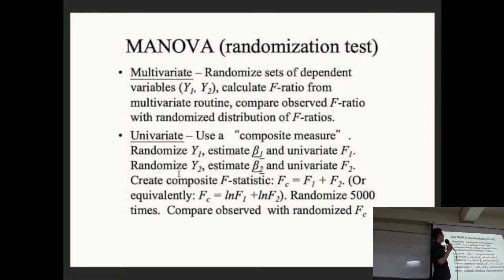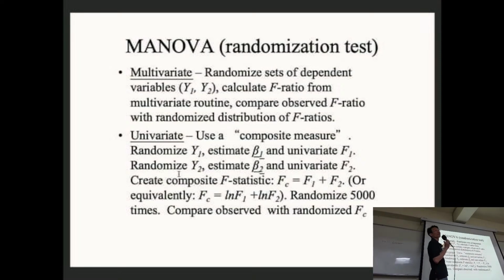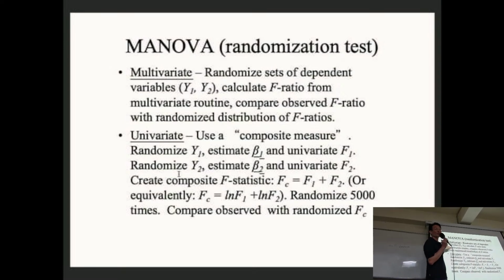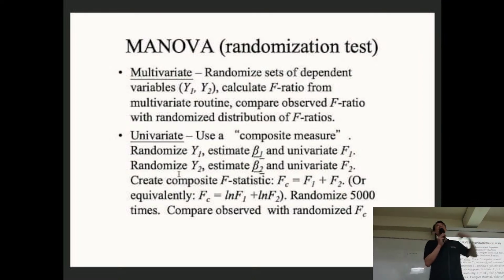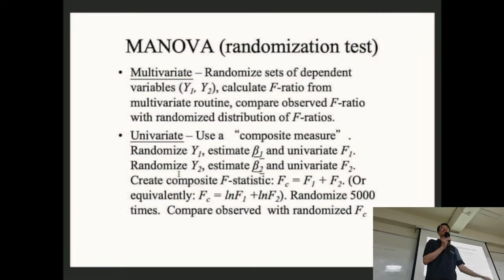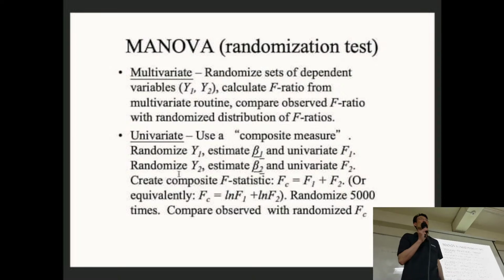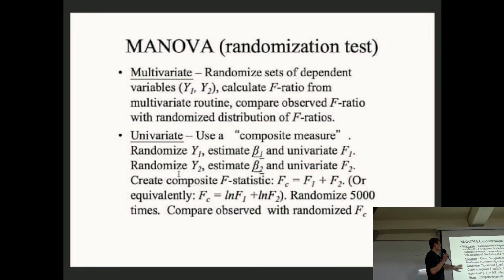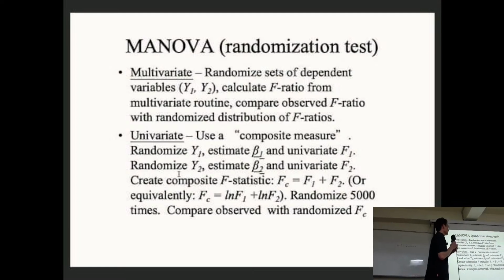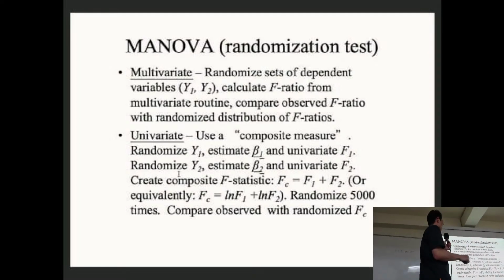This is very simple. You just do the MANOVA and you run the shuffle, and then repeat it again, the same as ANOVA. You can call the built-in function, shuffle the data, and repeatedly call the built-in function. That's the easiest way if you don't want to spend time to figure out what is the equivalent test. Or you can do the univariate and then use the composite measure.